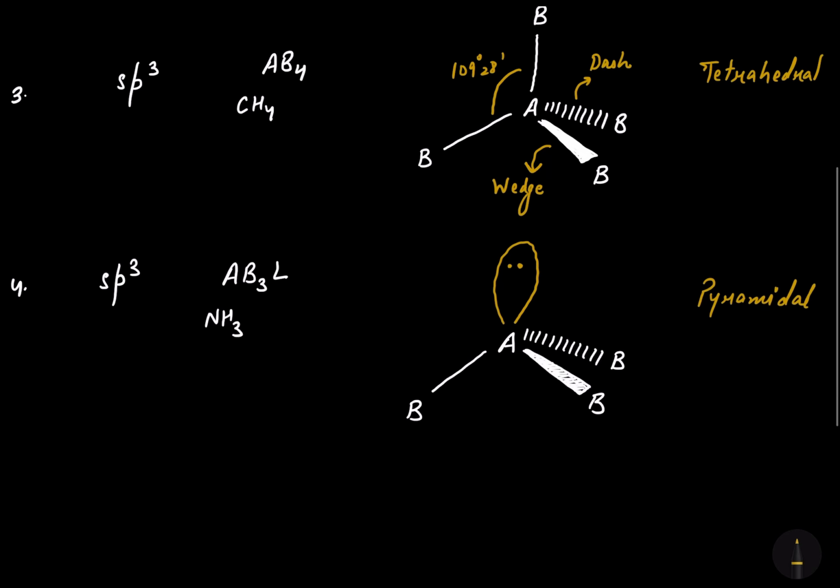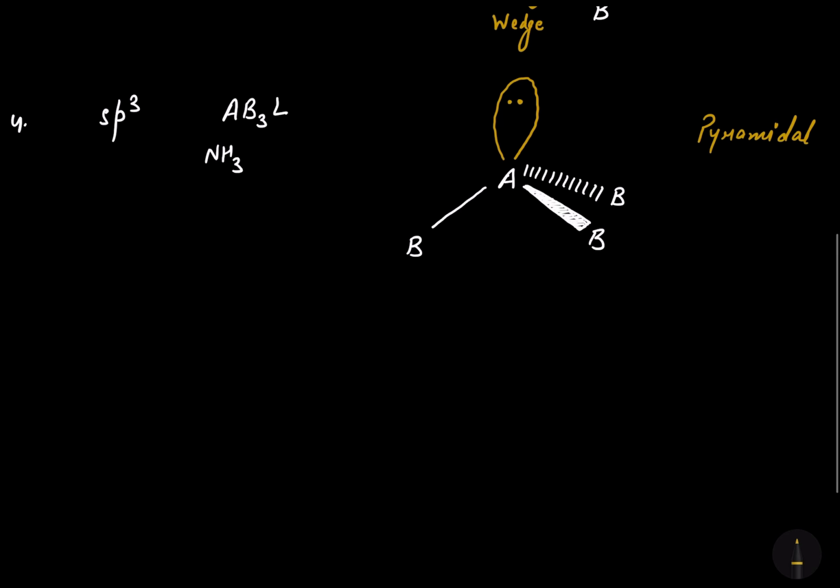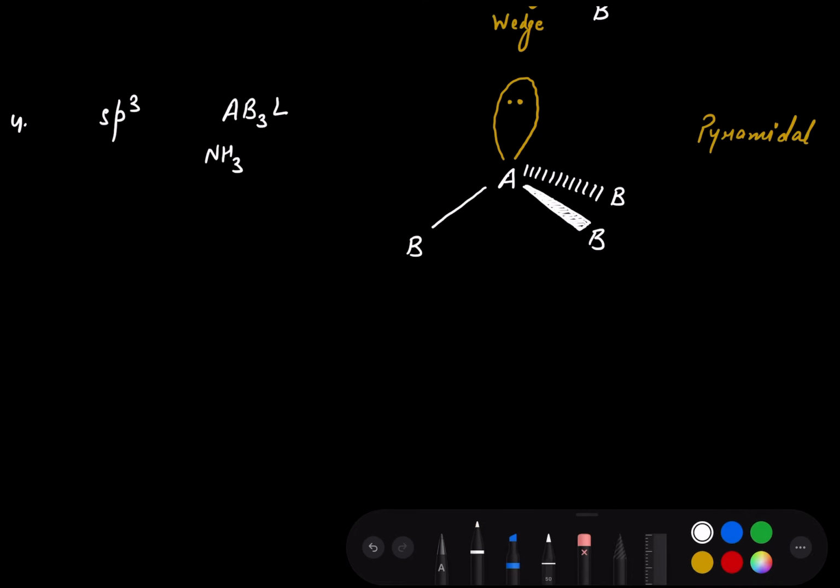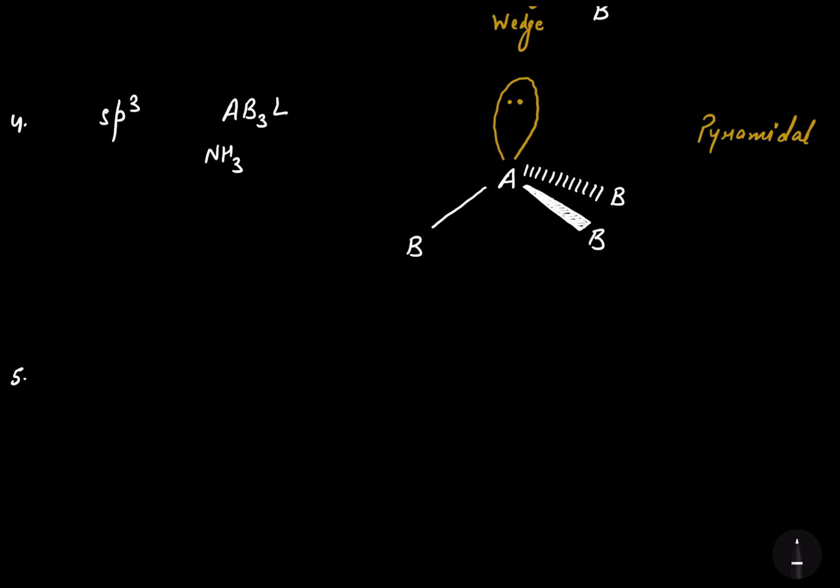Now let's talk about sp3 again, but with 2 lone pairs. I am taking the fifth type to be sp3 with 2 lone pairs of electrons, that's AB2L2. I am taking an example to be H2O.